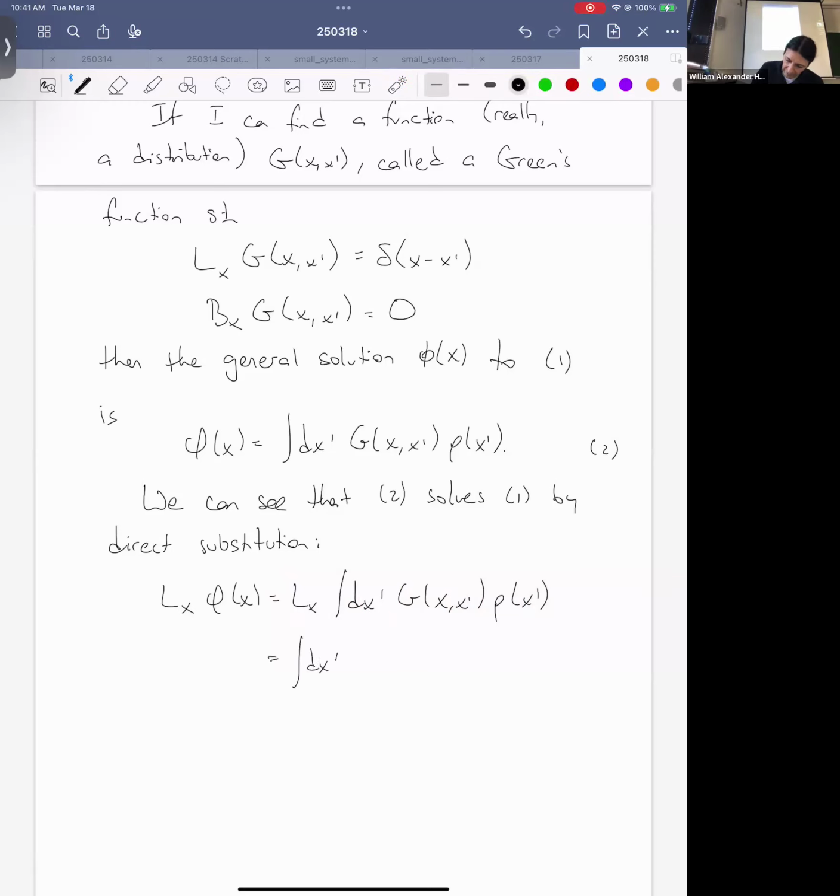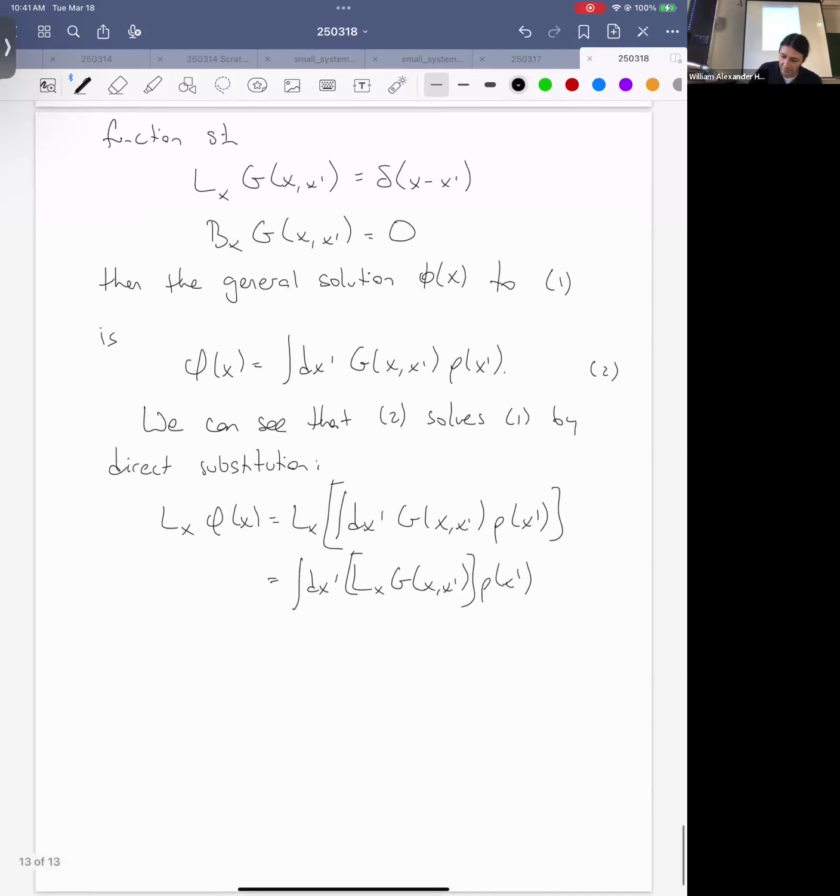This is the integral dx prime, Lx acting on g of x, x prime, rho of x prime. So on the right-hand side, this differential operator is acting on the whole integral, and then in the next line, the differential operator is acting only on the Green's function. And we know what the by-construction result is.